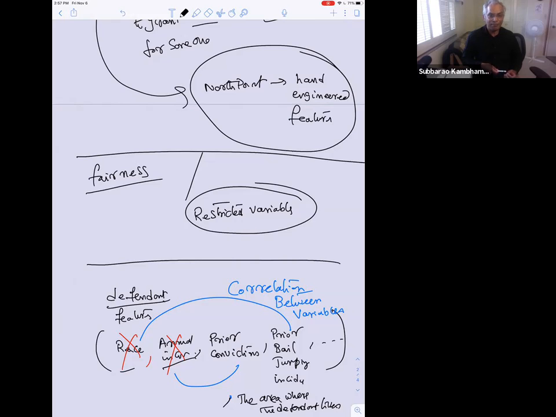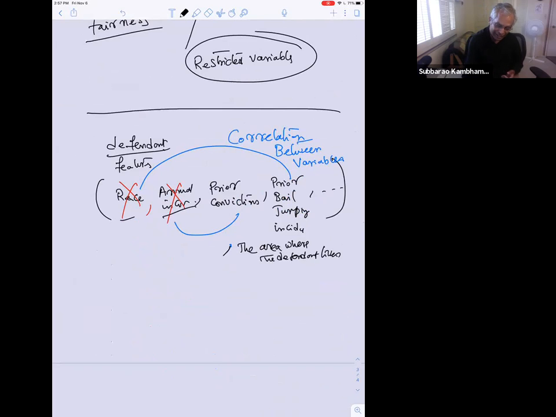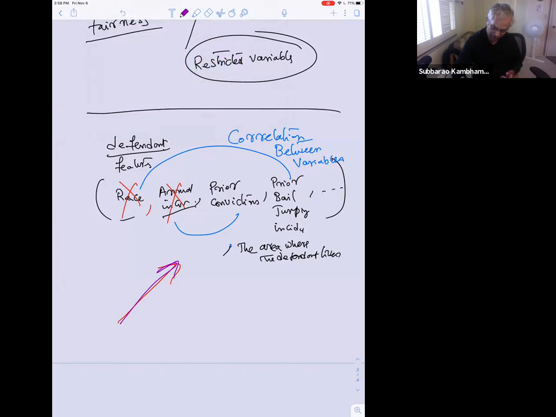But you may well be considering those features, because the generating process, this is a mind-blowing idea, the generating process for the data has implicit internal correlations.